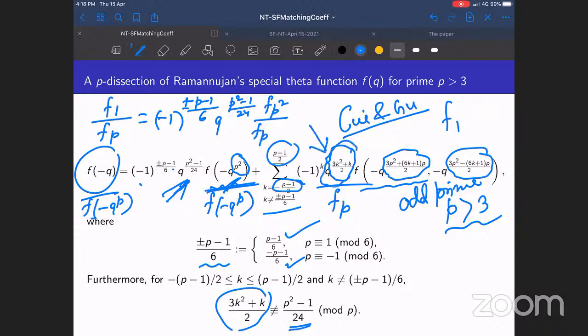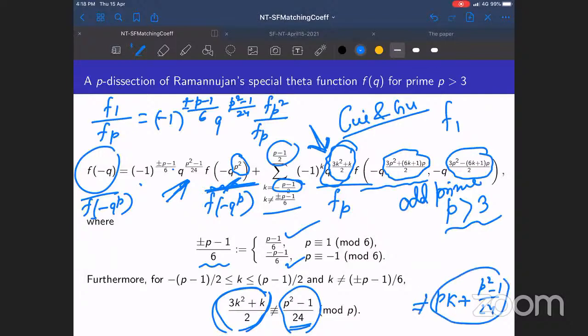That means there in the front there is a q power something. That means q power 3k square plus k by 2. But that is not congruent to p square minus 1 by 24. Okay? That means 3k square plus k by 2 is not equal to some multiple of p, pk plus this one, p square minus 1 by 24. So your 3k square plus k over 2, that is not equal to this one. Okay? Or this I can take n.